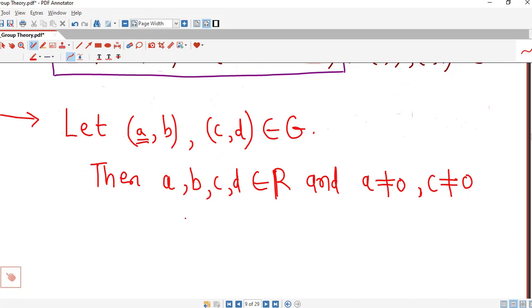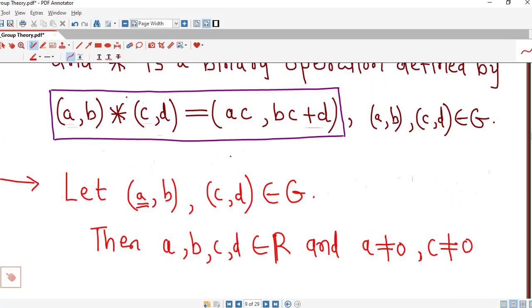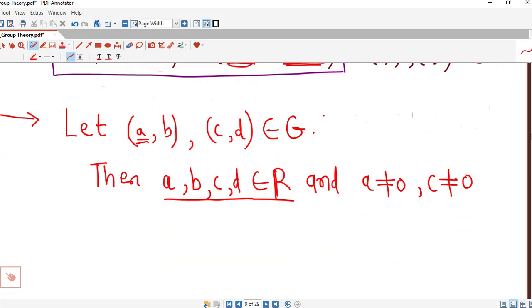Now we have to show that (a, b) * (c, d), that is (ac, bc + d), is also in G. This is in G if these two components are real numbers and the first component is non-zero. Now a, b, c, d are all real numbers, so it is clear that a into c is a real number and b into c plus d is also a real number.